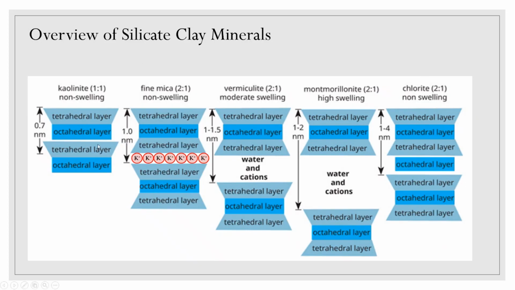All right, so just a look at everything overall. You're going to need to know this on the quiz and the exam. Here we have our kaolinites. This is just a 1-to-1. It has no swelling potential because all of the charges along this tetrahedral layer are taken up by this octahedral.